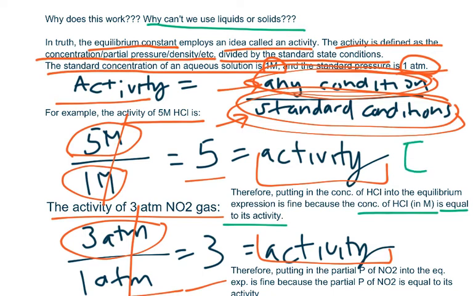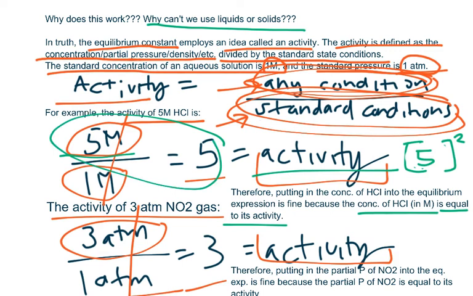So if I had the concentration of HCl here to the second power, let's just say, you could plug in your molarity of HCl, or 5, and it would spit out an answer that is identical to if you plugged in the activity, since the activity is equal to the molarity of the HCl, as you can see right here.